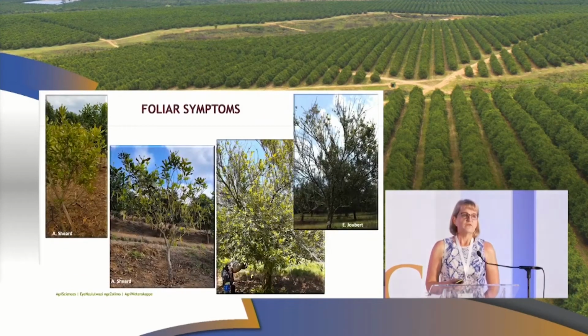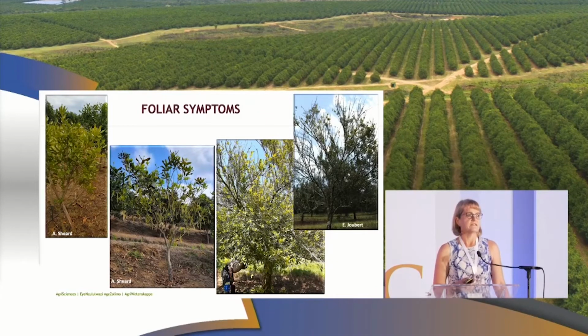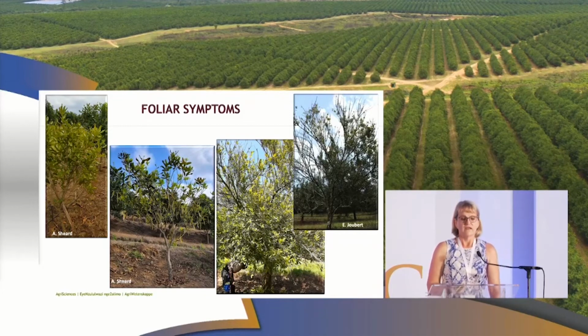So both your stem cankers and your root rot will then manifest in foliar symptoms that can include yellowing. But for me, it's not always easy just looking at the foliar symptoms and deciding whether you do have a Phytophthora-infected tree. So definitely send Gerda and her team a soil sample and a root sample so that they can check if it actually is Phytophthora.